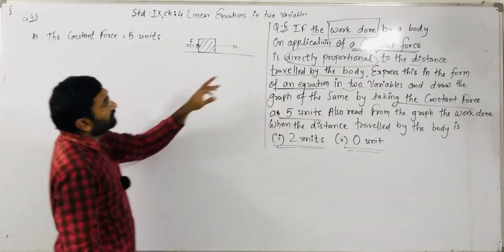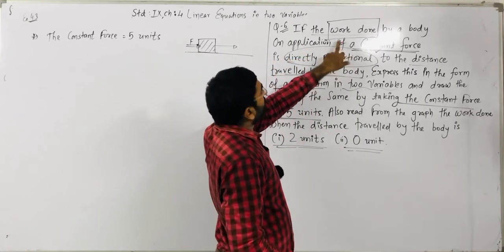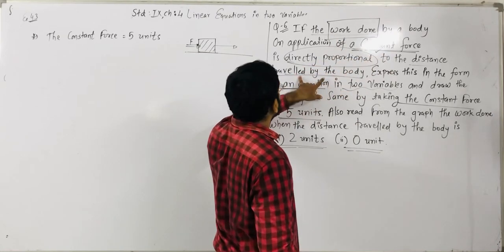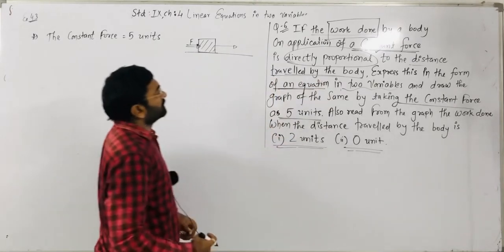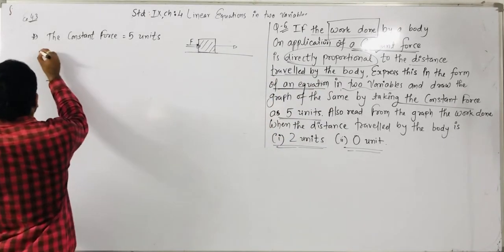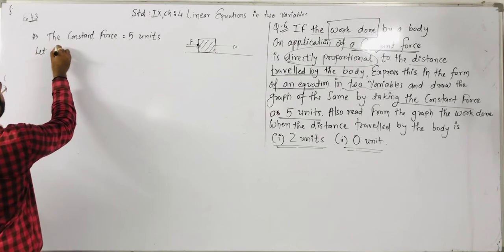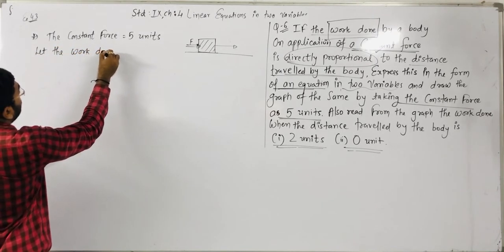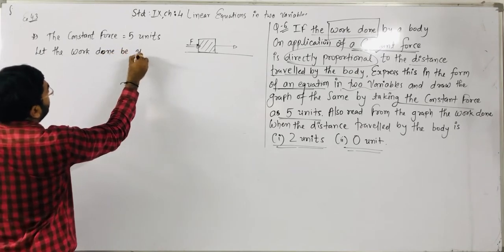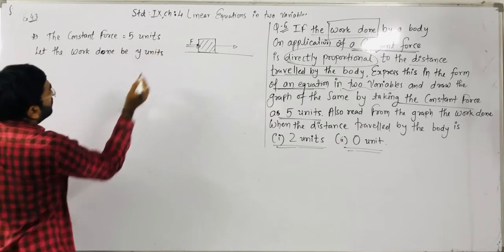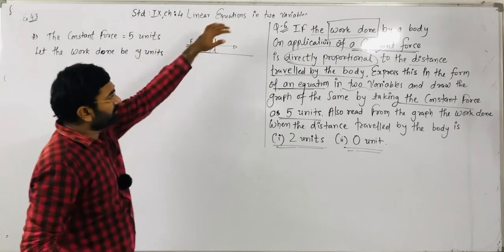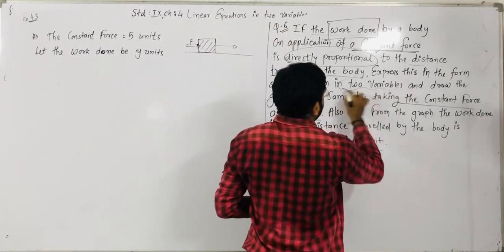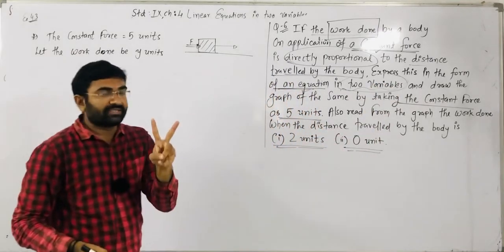So for that, suppose we take the work done as W, and it is force into displacement, right? So we take the total work done. Let the work done be y units. We do not know how much work is done. Okay, and they said you have to make an equation in two variables, so we have to assume two variables.